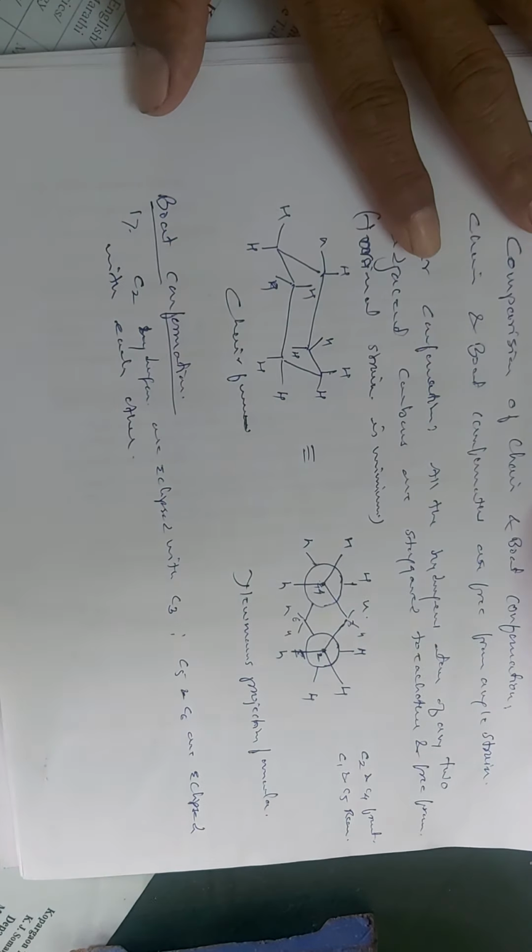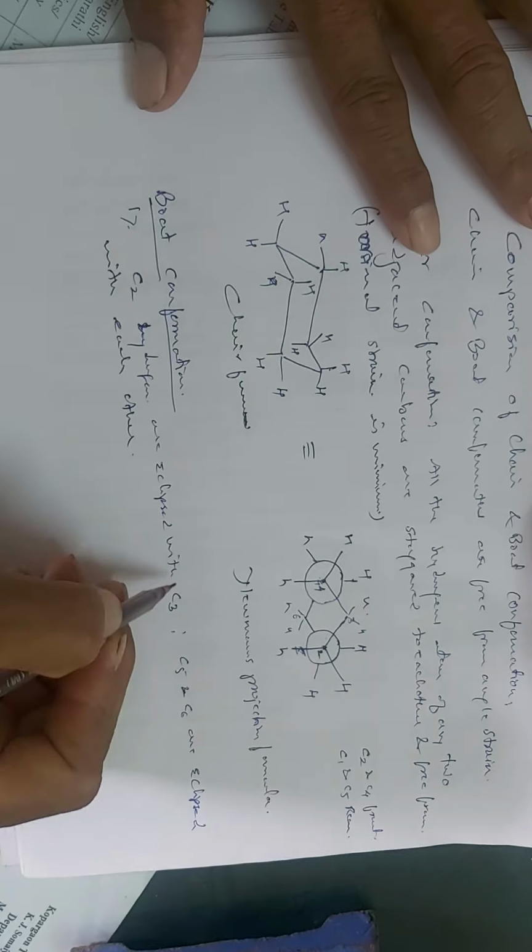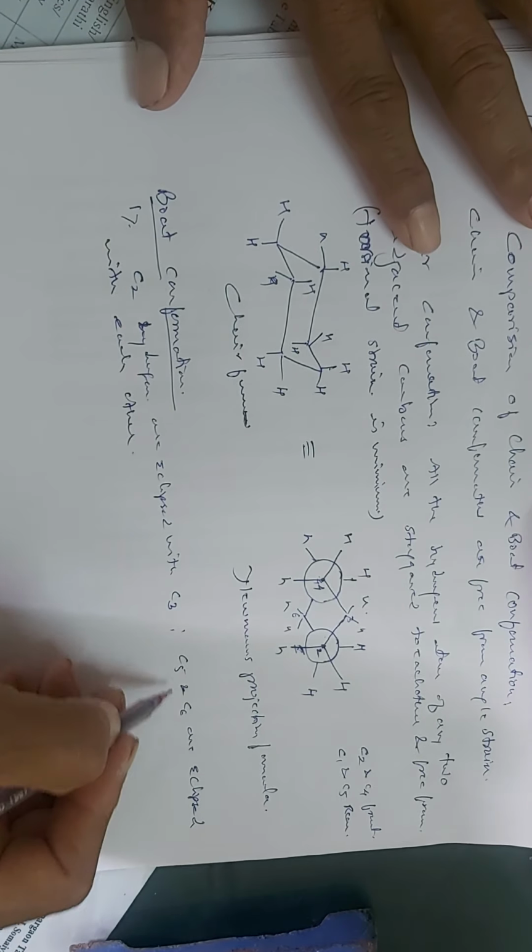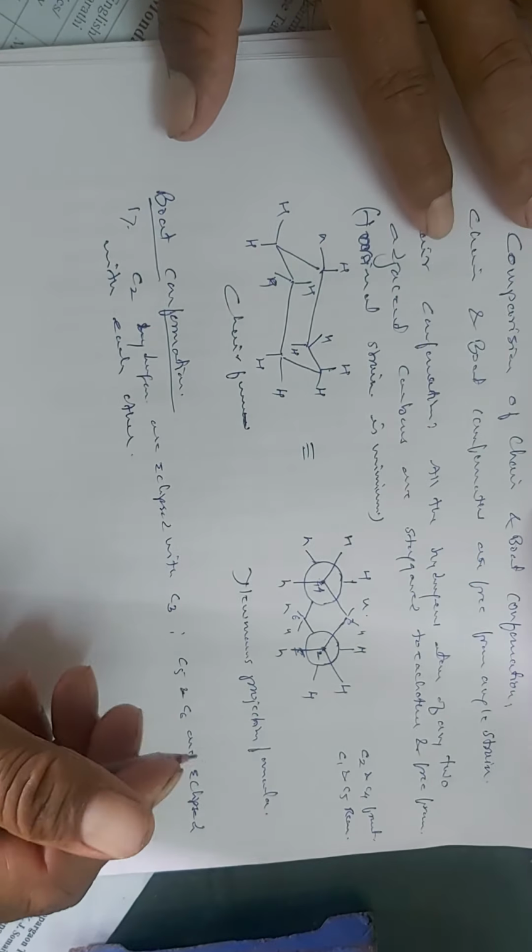Means the hydrogen atoms present on the C2 carbon and C3 carbon are eclipsed to each other. C5 and C6 hydrogen atoms are also eclipsed to each other.